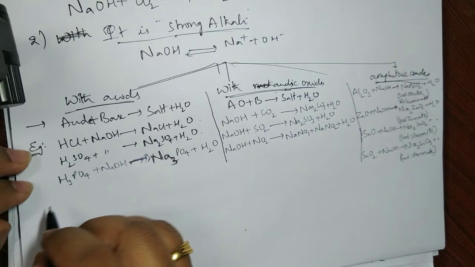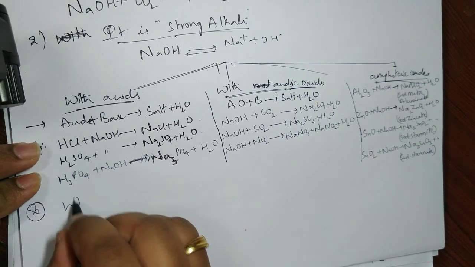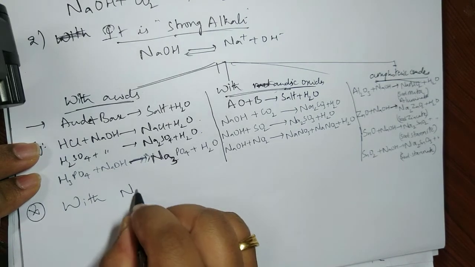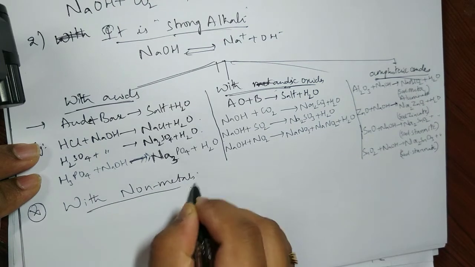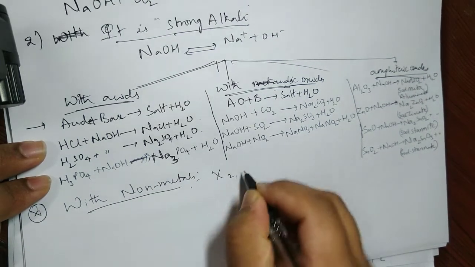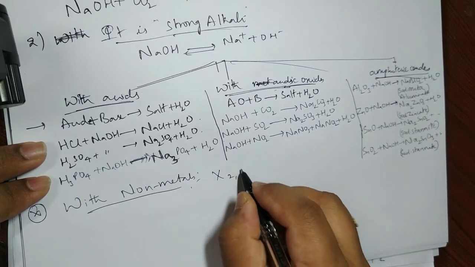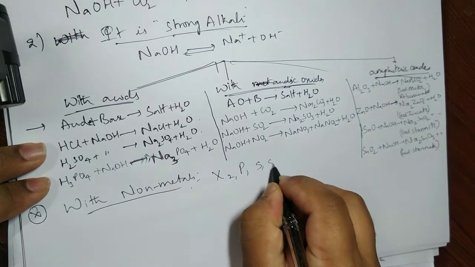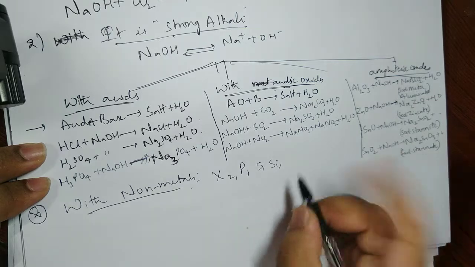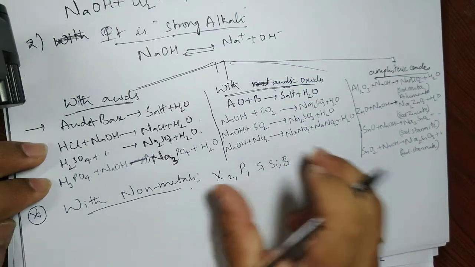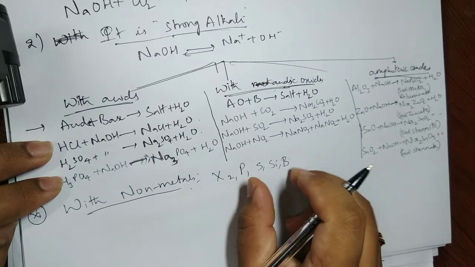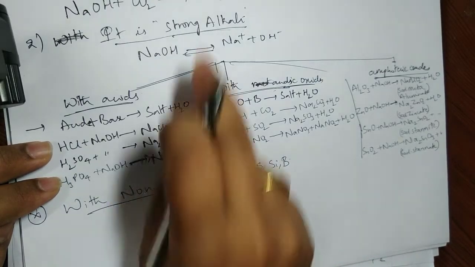Now if I talk about reaction with non-metals. Basically the non-metals, as I say, halogens and phosphorus, sulfur, silicon, then what else, boron. So these are normally the non-metals which we use for reacting with NaOH.